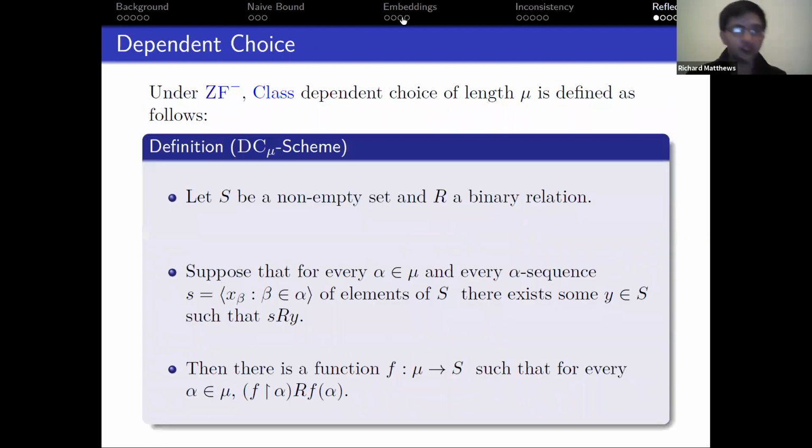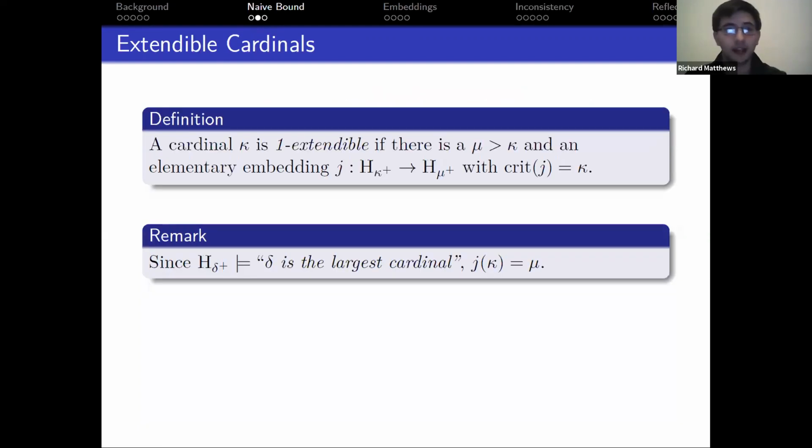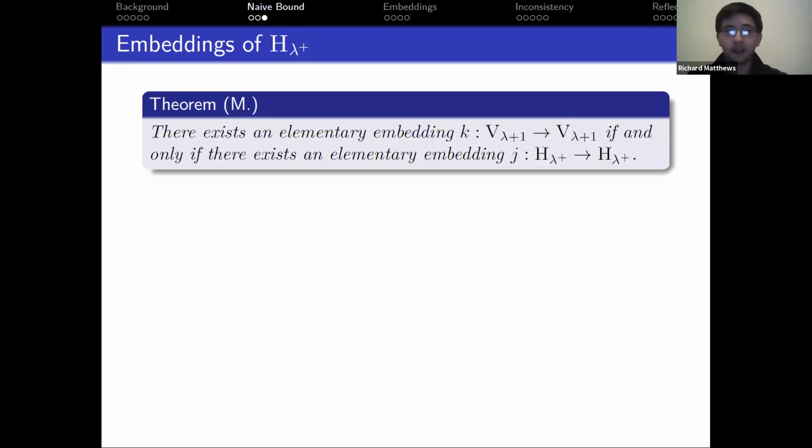Yes. Well, the main point here was if we had a look at this statement. This is an elementary embedding J from H lambda plus to H lambda plus. So for every set X here, we have the statement that this satisfies case 2 of my theorem.